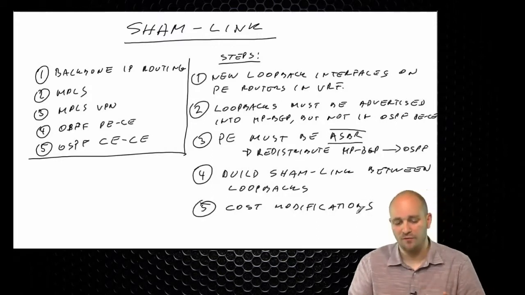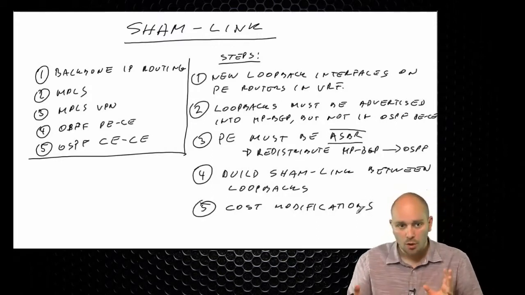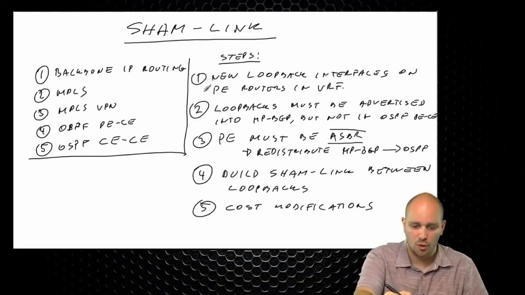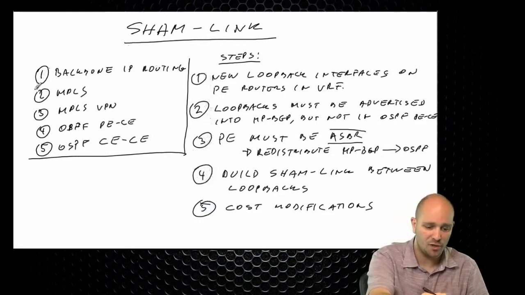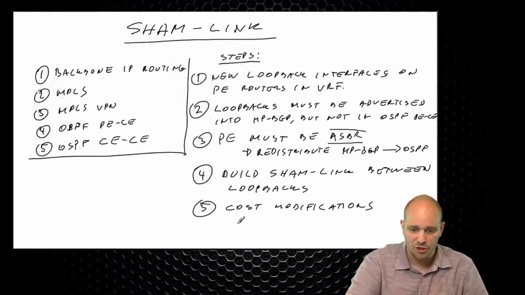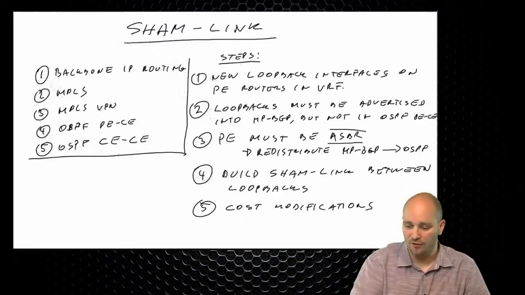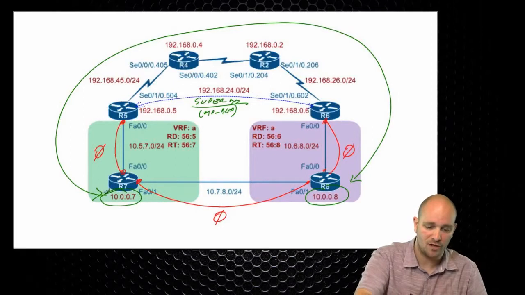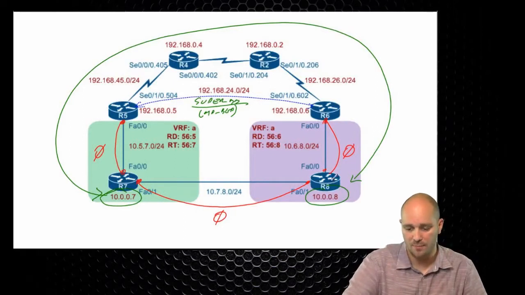So some cost modifications must be done to accommodate the solution. So these are the 5 steps that you need to do to build your sham link if you already have these prerequisites in place. So let's build a sham link in our network and try to solve the problem of getting the traffic from the loopback of R7 across our MPLS backbone over to R8.